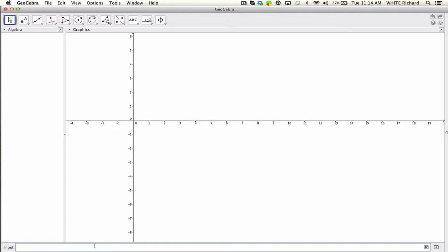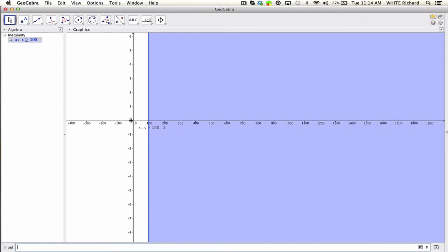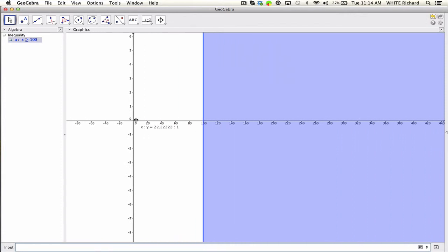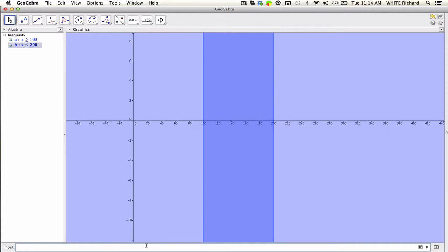So we have X is greater than or equal to 100. And let's zoom out. We have X is less than or equal to 200. Okay, so this has now been doubly shaded.